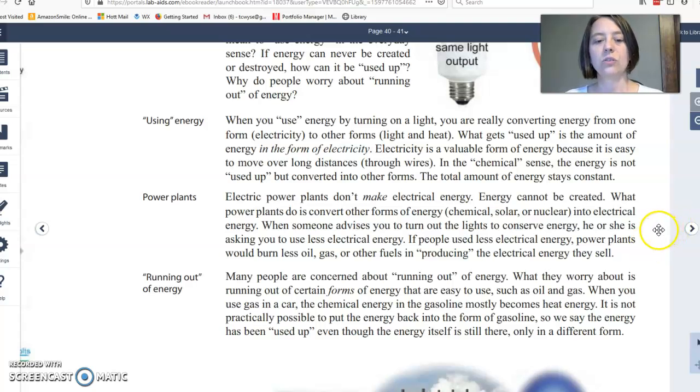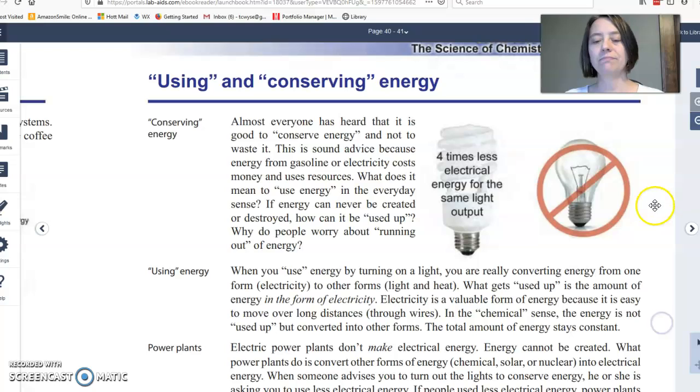So you'll want to conserve energy so that it is in useful forms. Also, we know when we burn gasoline and any other kind of fossil fuel, the carbon molecules that are locked in those molecules then combine with oxygen and form carbon dioxide, and then that messes up other things.